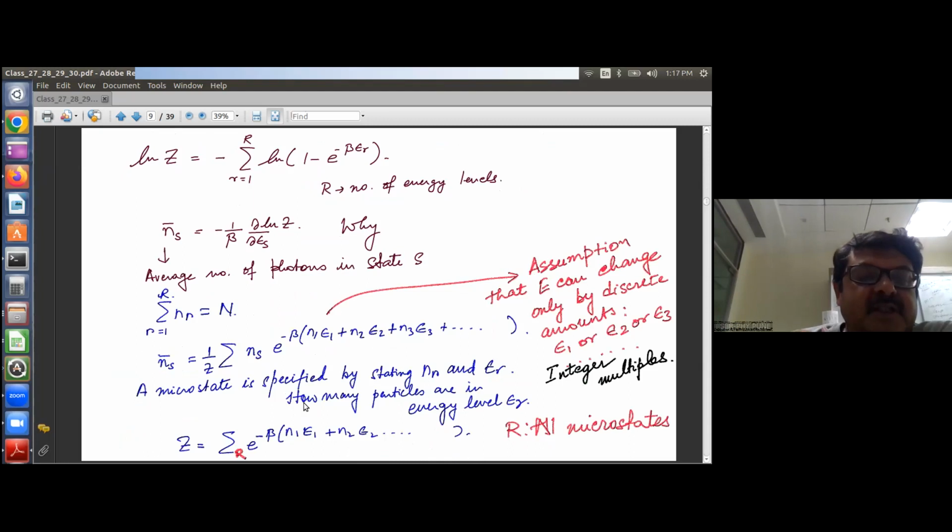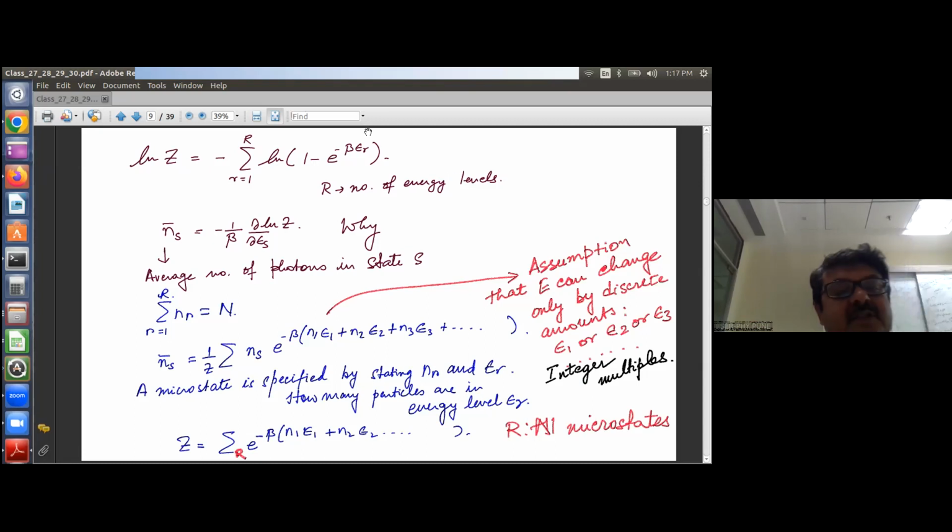So what is the point? Then if you take log Z, log Z will be a sum of log terms, because this was a product. So the sum is over all possible energy levels, r, where r stands for epsilon 1, epsilon 2, epsilon 3, epsilon 4, and each is going to contribute ln 1 minus e to the power minus beta epsilon r. r is the number of energy levels of the system.